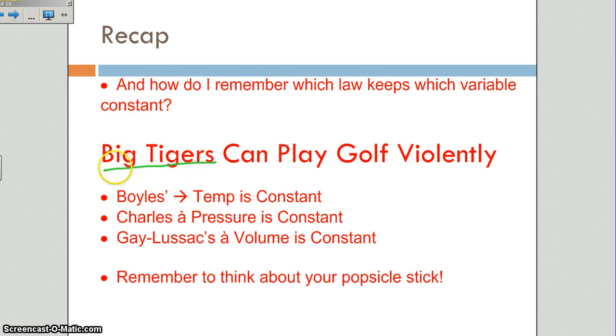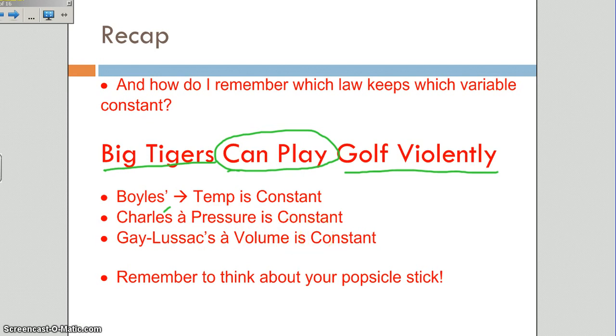In other words, Boyle's Law, temperature remains constant. We look at can play, C for Charles's, and P for pressure. And then, of course, golf violently, Gay-Lussac's, and volume is constant.